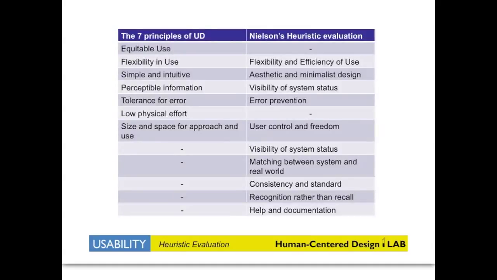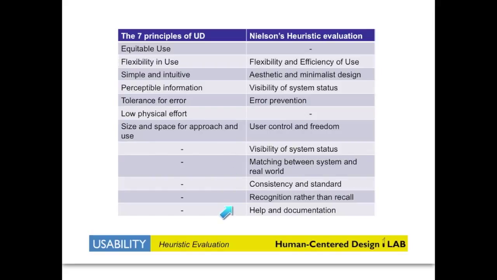When you compare the 7 principles of universal design and the Nielsen heuristic evaluation, you can see that some of them are quite similar, like flexibility in use and flexibility and efficiency of use, simple and intuitive and aesthetic and minimalist design, perceptible information and visibility of system status, tolerance for error and error prevention, size and space for approach and use, user control and freedom, and maybe there are other parts that are not linked.